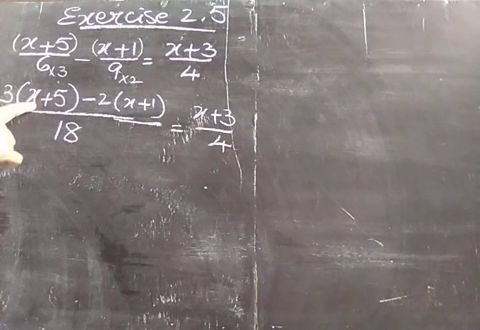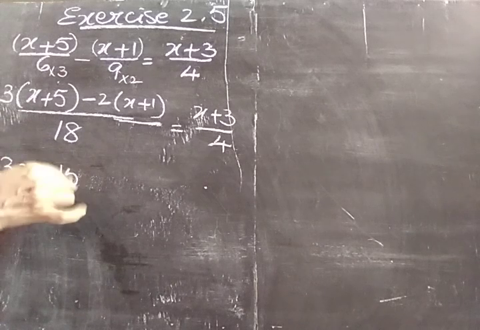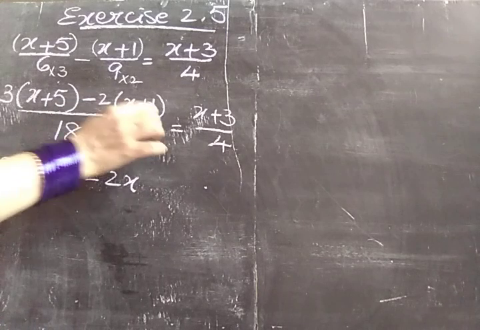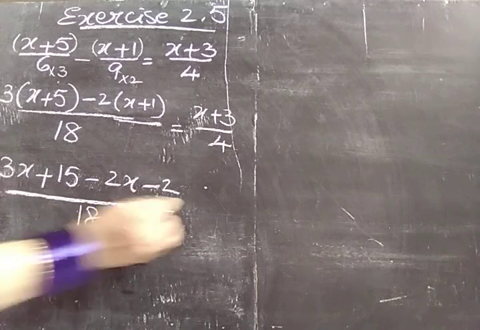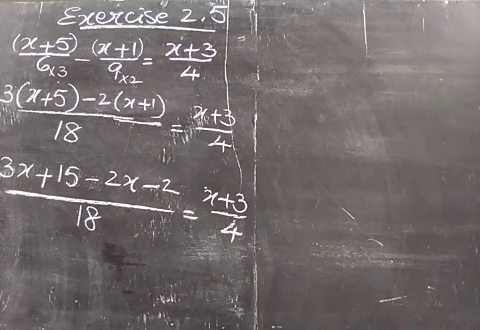Now here 3 into x, 3x, plus 3 5s are 15, minus 2 into x, 2x, minus 2 into 1, minus 2, by 18 is equal to (x + 3)/4.